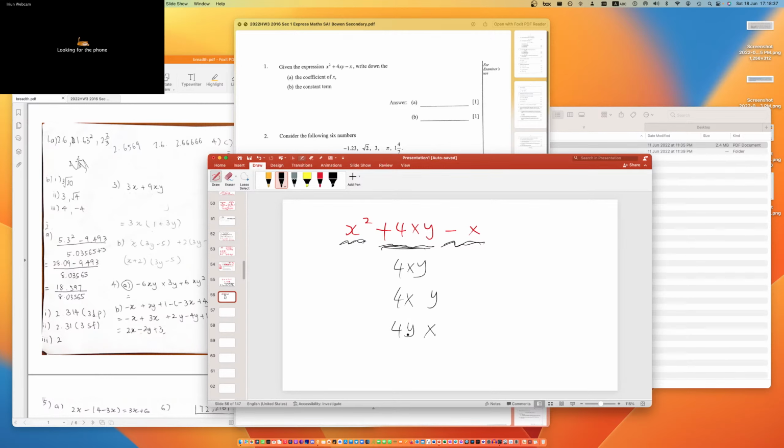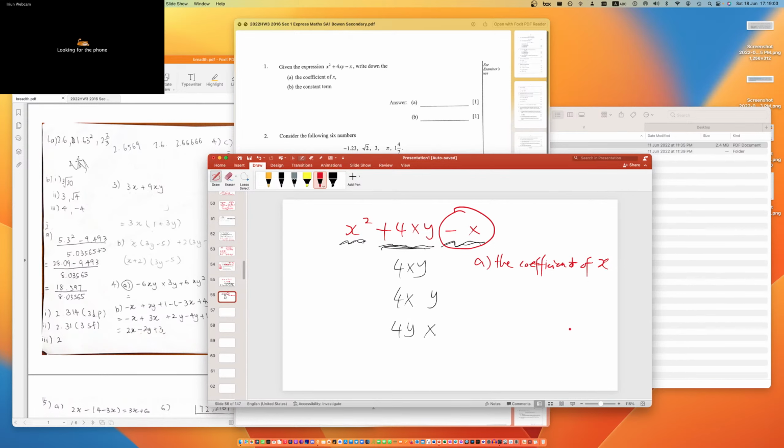Okay, but now let's look at the coefficient of x. Among these three terms, which one is the x term? The last one. Okay, so then you need to circle this one to answer the first question.